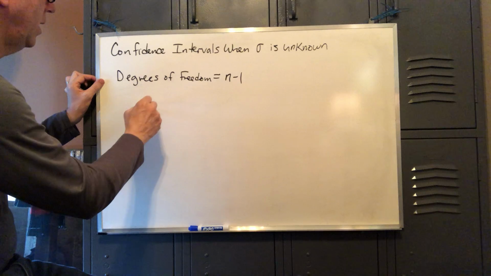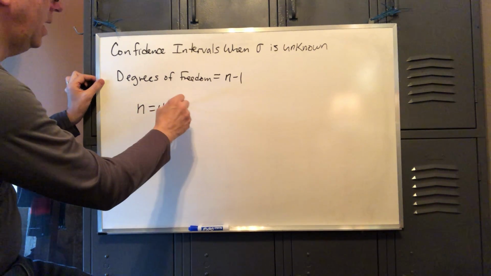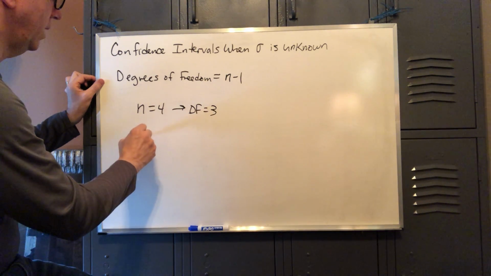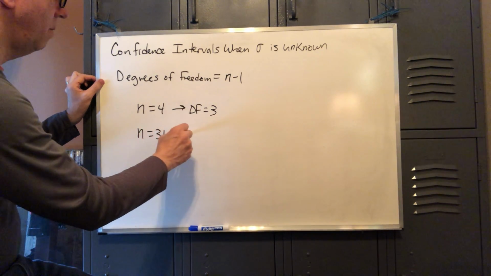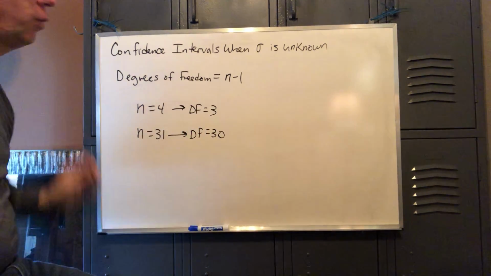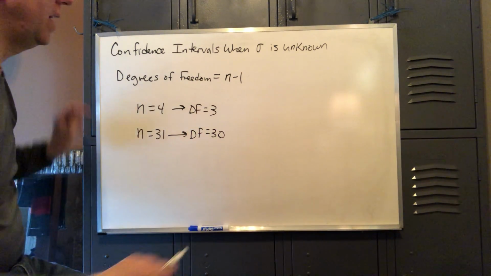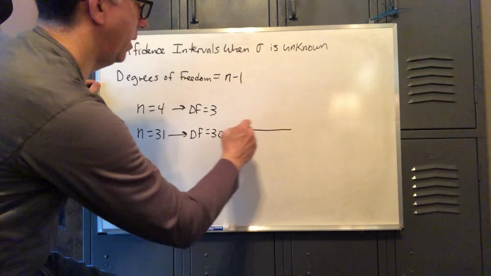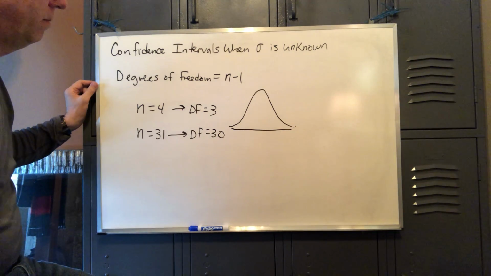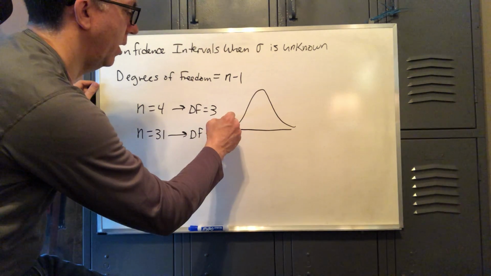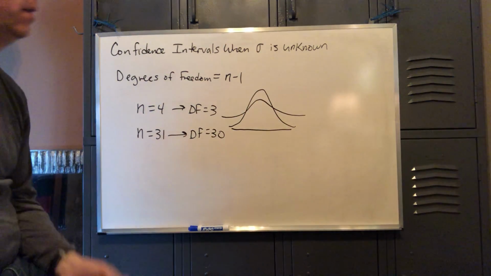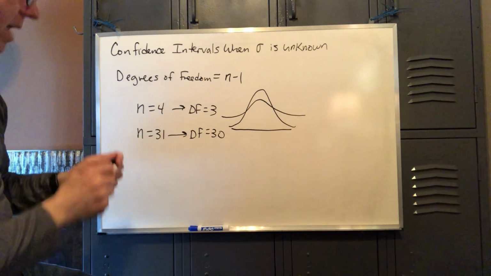So if my sample is size 4, its degree of freedom is 3. If my sample is size 31, my degree of freedom equals 30. And each one of those degrees of freedom has its own t distribution shape. The closer it is to 30, the more normally distributed it looks. The smaller it gets, the flatter it looks. So flatter like this, a little more flat. Okay? So we're going to base it on that.